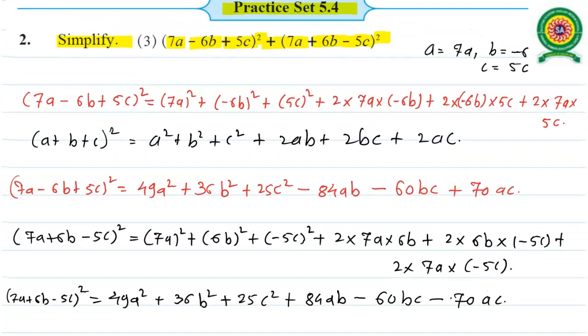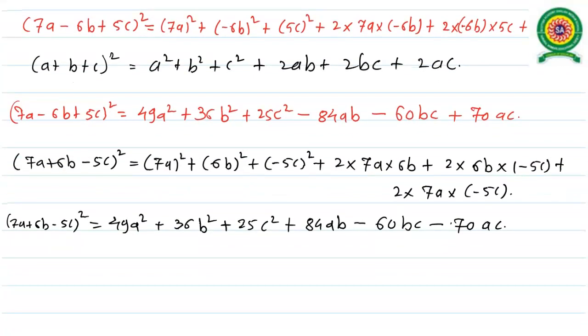Now look at the statement. We have to simplify, meaning we have to add up the square expansions of both brackets. So I am writing here, we have to simplify (7a - 6b + 5c)² plus (7a + 6b - 5c)².